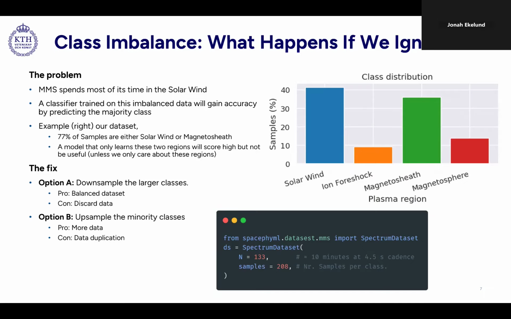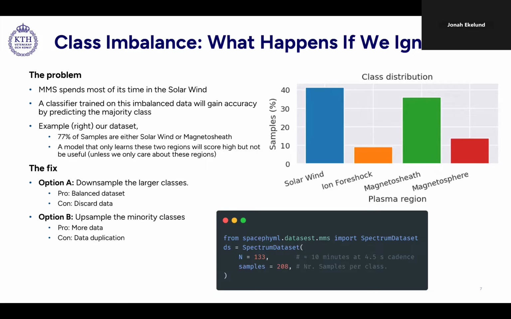Now, what's the issue with having a class imbalance, especially when we do supervised learning, is that the model will tend to learn the classes with larger number of samples.